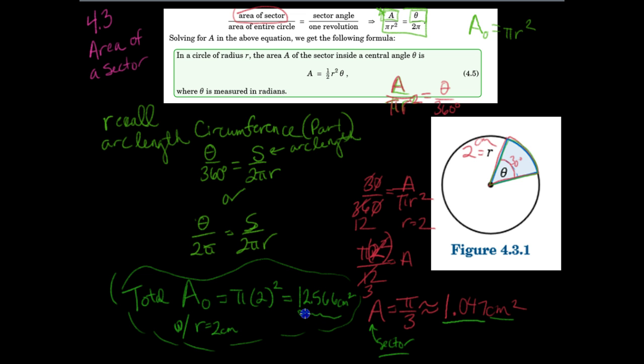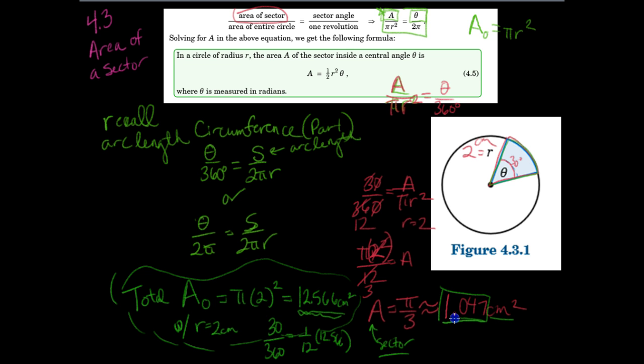If you know that this is the total surface area, what portion of the circle are you dealing with? You're dealing with 30 out of 360 of that circle, which once again, when we simplified, is only 1/12 of the circle. So if you took 1/12 of that 12.566, you would get this area.